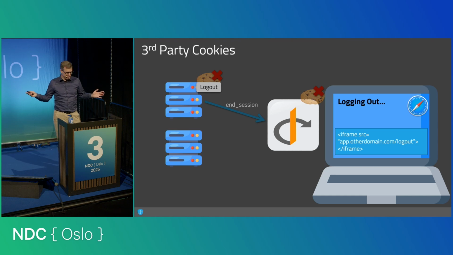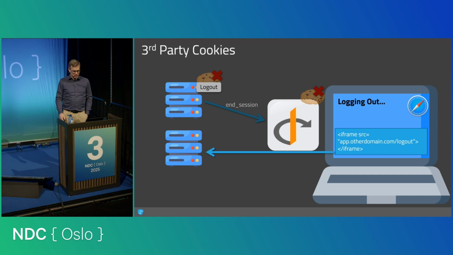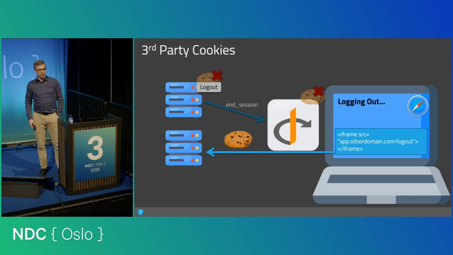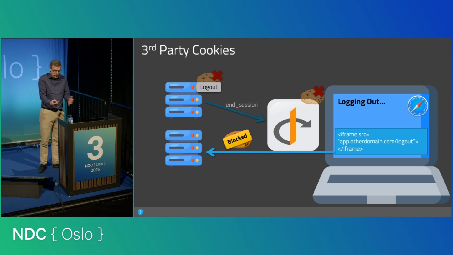Then we are cross-site. Then Safari would say that, hey, it's great that you make a request to another domain here. And there is a cookie. The cookie should be included, but Safari will block it for privacy reasons, because Safari can't see the difference between our legitimate OpenID Connect distributed session and an ad network tracking our activities across the web.